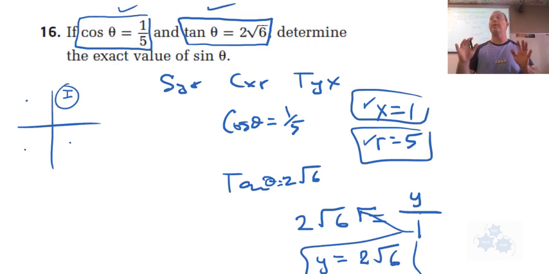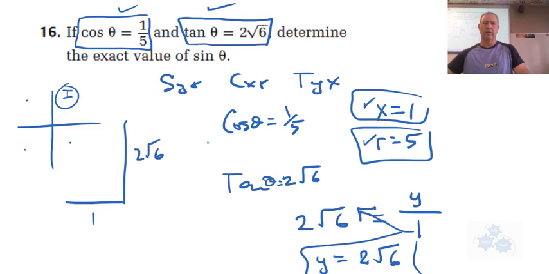Now let's just make sure that makes sense. What you can do is you can put this into a right angle triangle and make sure that Pythagoras' theorem works. So let's try that. So I've got x is 1, and y is 2 root 6, and r then should be 5, okay?